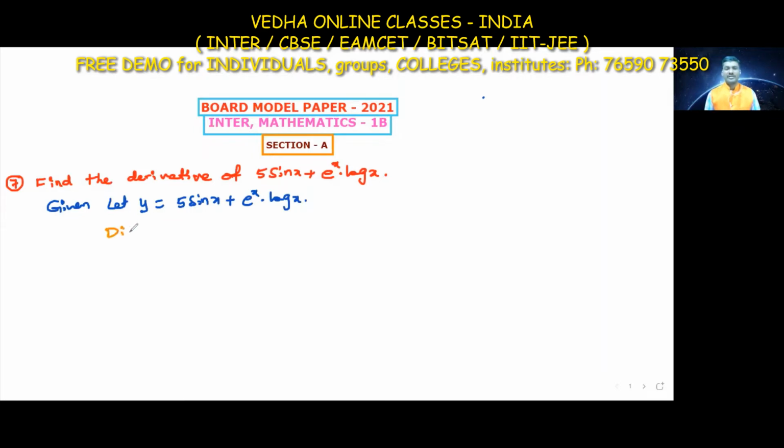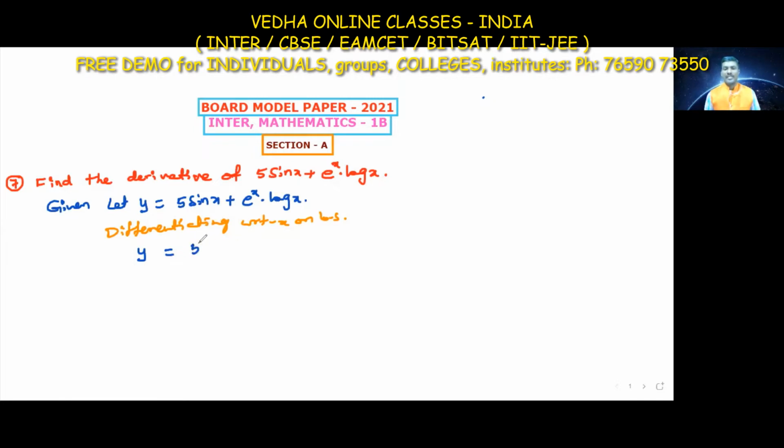Here I am differentiating with respect to x on both sides. On the left side we have y, and on the right side we have 5 sin x plus e power x into log x.